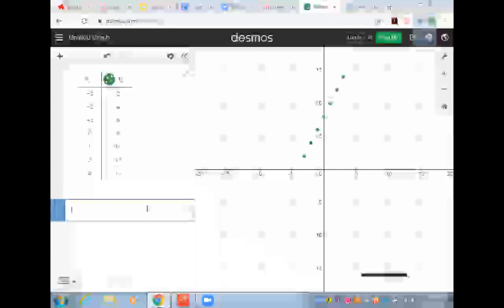So let's say that was our table. I looked at it, I could tell that's definitely a line. Well, I could go y1 tilde. What's the form for linear?